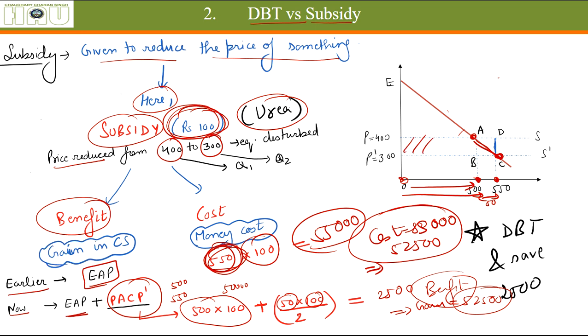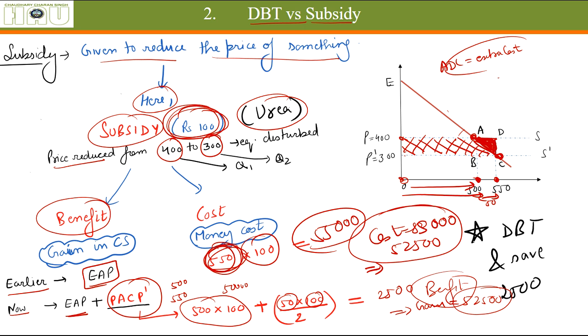See, this much has been the increase in consumer surplus, PACP, but the cost has increased by this much amount. This extra amount of cost is more than the gain in consumer surplus. See, ADC is the extra cost. Cost is more than the benefit we are getting.